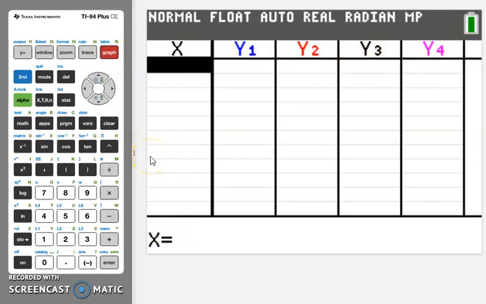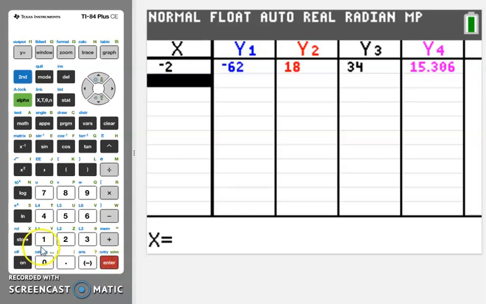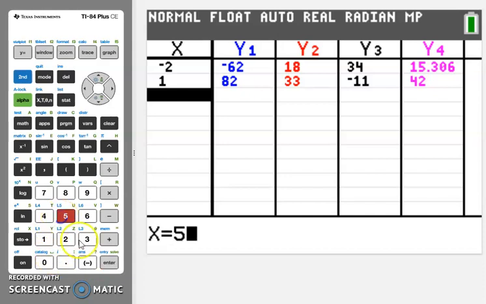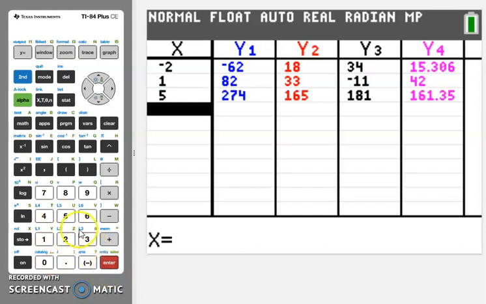Now what we're going to do is type in the x values that were in the table. In your example 1, on the first line there, just look at that table to get these values. So negative 2, enter. 1, enter. 5, enter. 6.